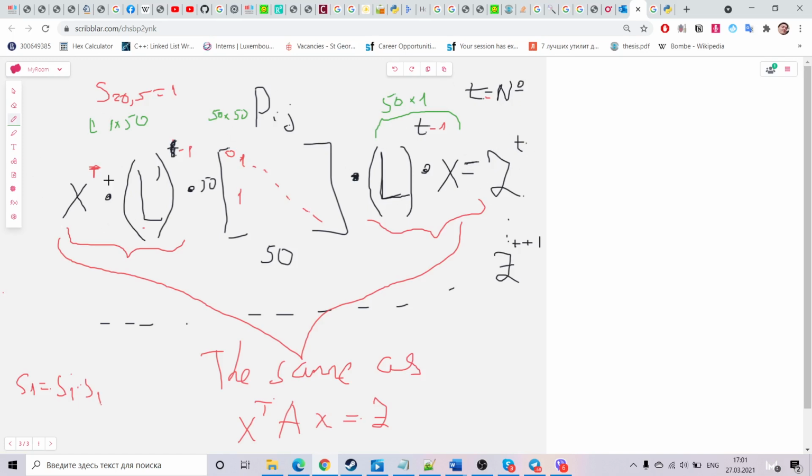The main question is how to solve this equation, and we need somehow to transfer it to the big matrix, because we have many output values, 1275. So how to transform this equation to many equations in one matrix?